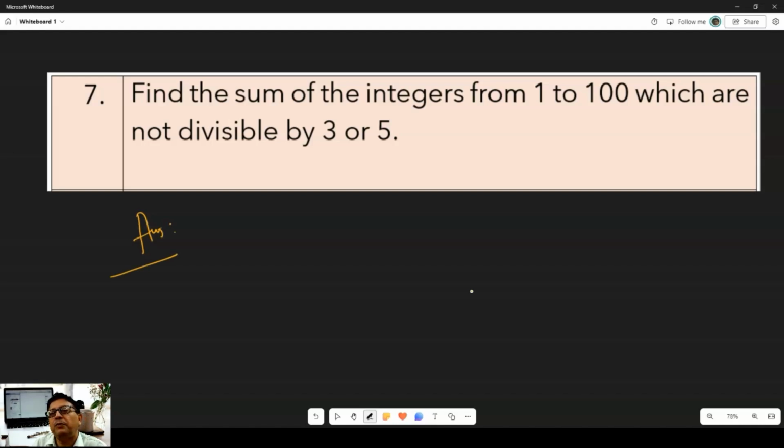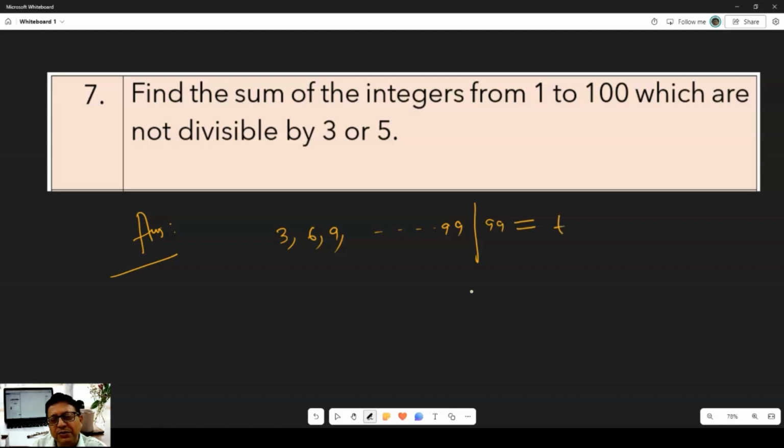Sum of the integers from 1 to 100. There is a problem. Divisible by 3 we can get easily. It is 33 obviously. You understand? Divisible by 3 terms are what? 3, 6, 9 till 99. How many terms?